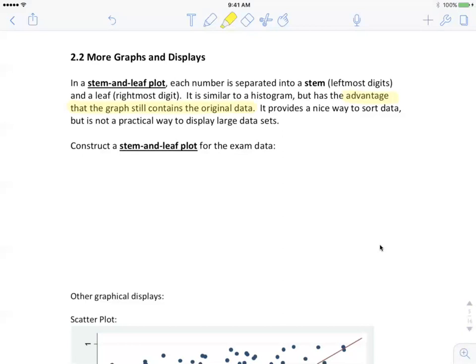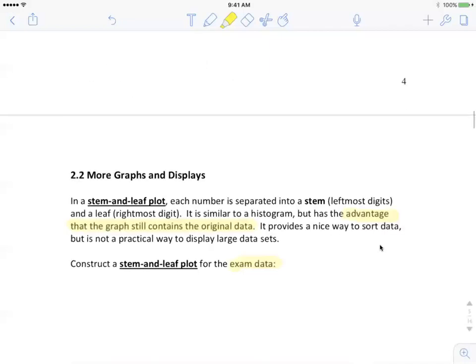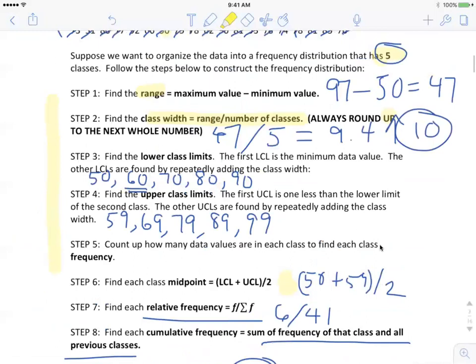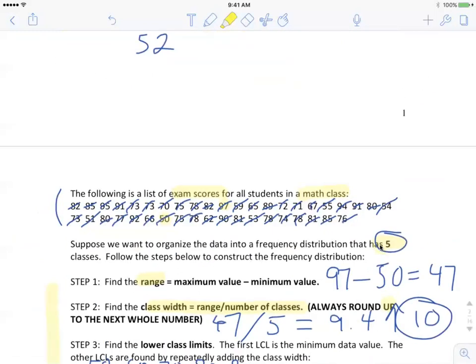So let me show you how to create one. Let's construct one using the exam data from the previous section, actually. Okay, so if you think about those exam scores, if I go back to that original data set here, maybe I'll erase all that because it's kind of messy now.